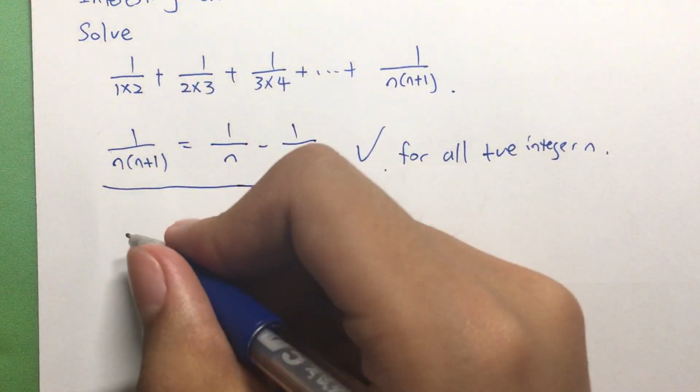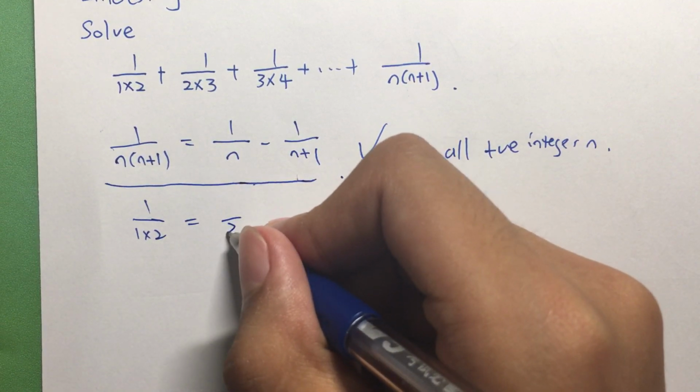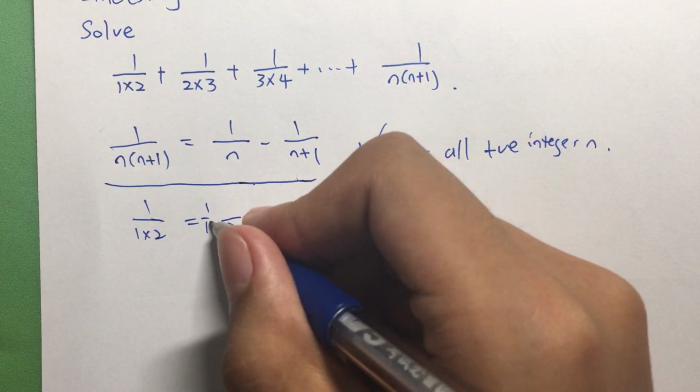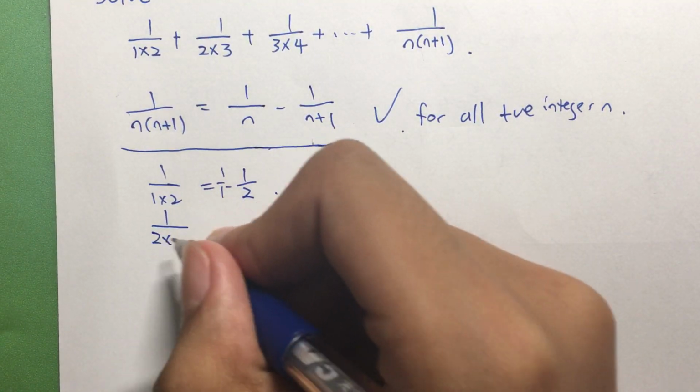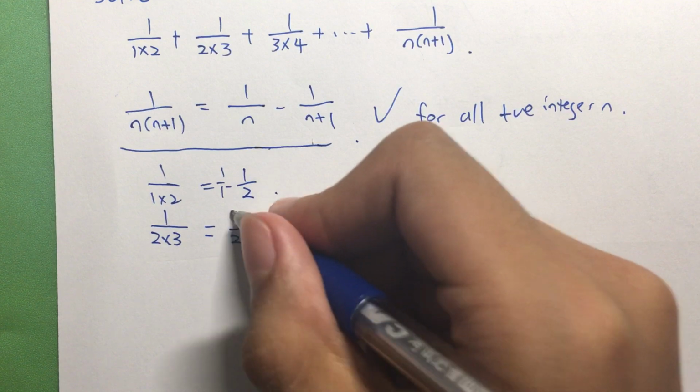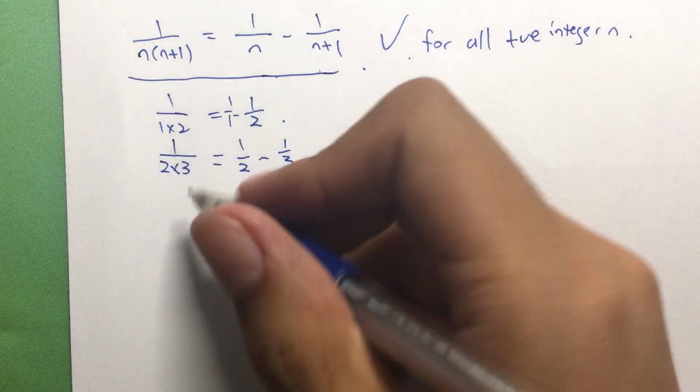So which means that 1 over 1 times 2 you can divide into 1 minus a half. And for 1 over 2 times 3 we can divide into a half minus a third, and so on.